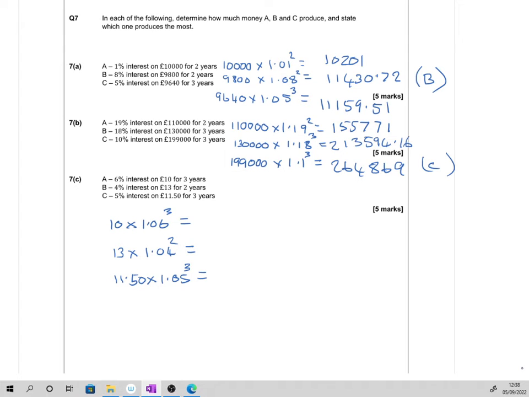Okay, 10 times 1.06 cubed is £11.91, and 13 times 1.04 squared is £14.06, and £11.50 times 1.05 cubed is 13.31. So the most there is B.